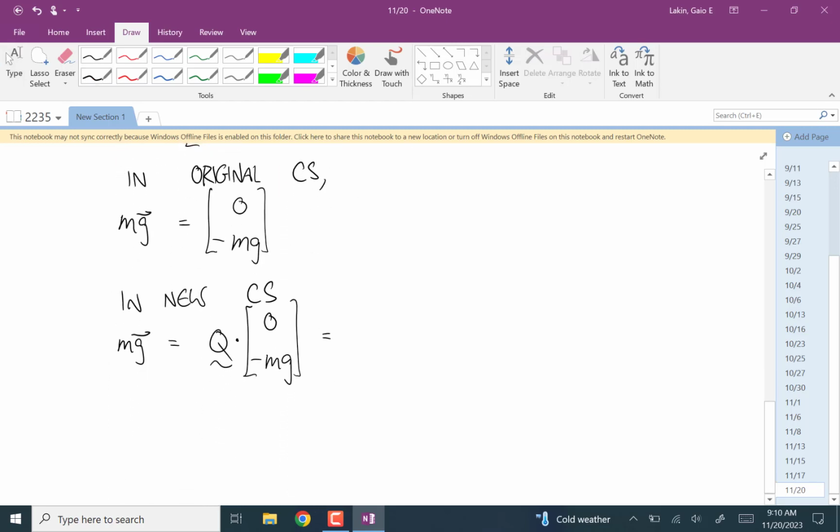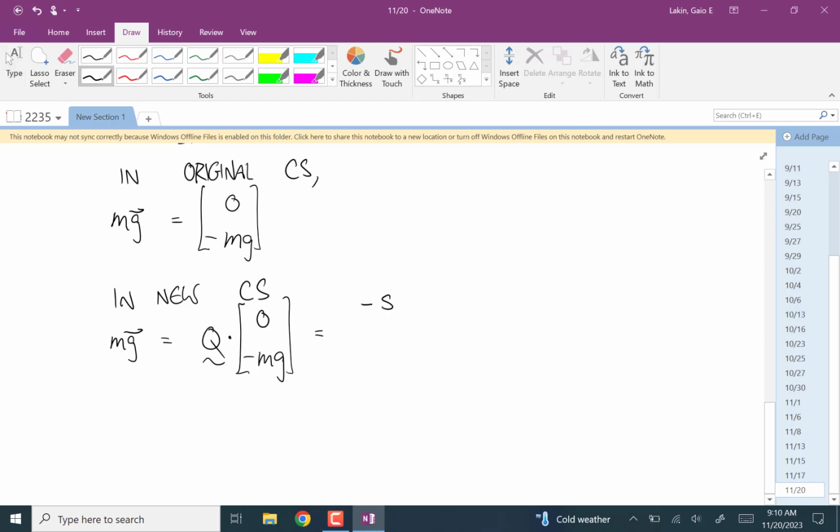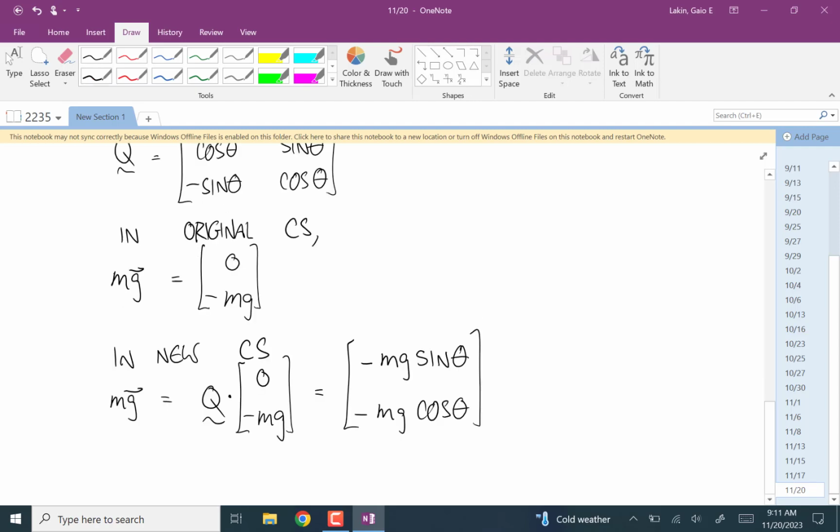And that comes out to be negative mg sine of theta, negative mg cosine of theta. You get the same answer, obviously.